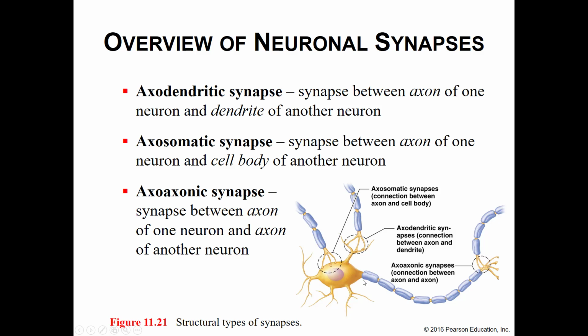Axon somatic. Remember, I've told you that the cell body is sometimes referred to as the soma. And so somatic is when the axon actually forms the synapses with the neuronal cell body. And you can have axonic synapses where it forms a synaptic junction with the neuron axon.